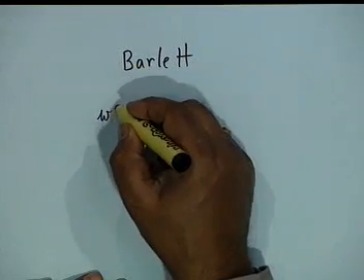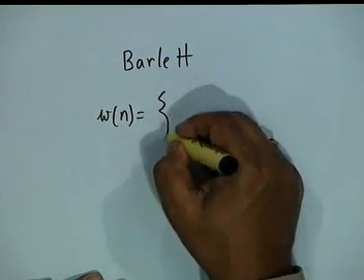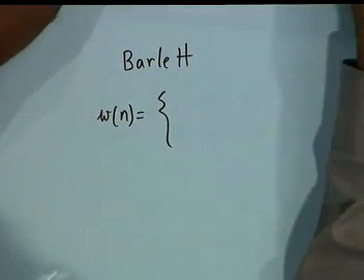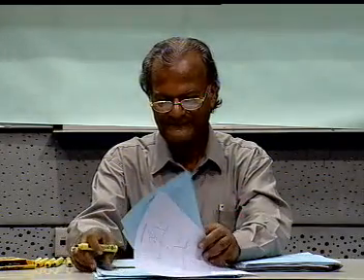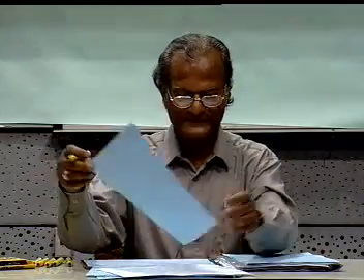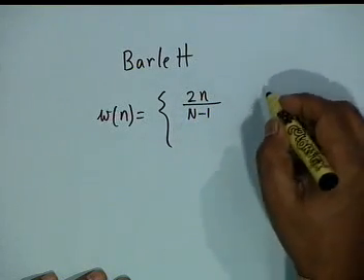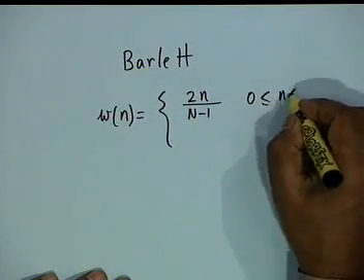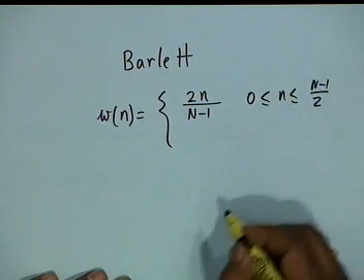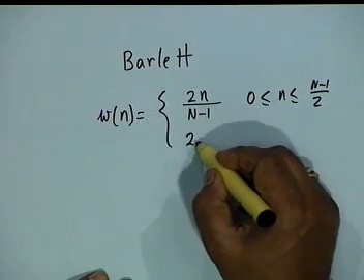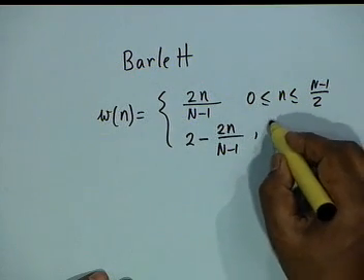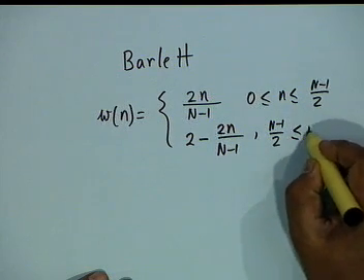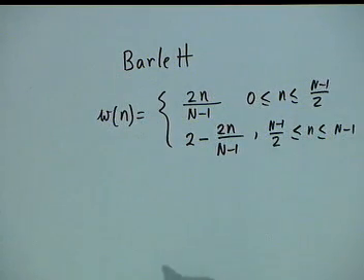So he suggested that we use Wn equal to twice n divided by n minus 1, for 0 less than or equal to n less than or equal to n minus 1 by 2, and 2 minus 2n divided by n minus 1 for n minus 1 by 2 less than or equal to n less than or equal to n minus 1.